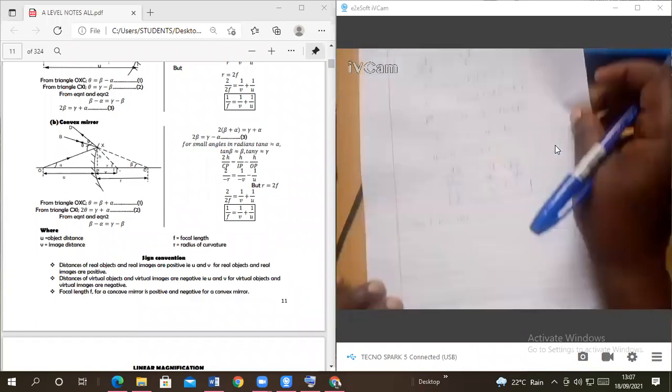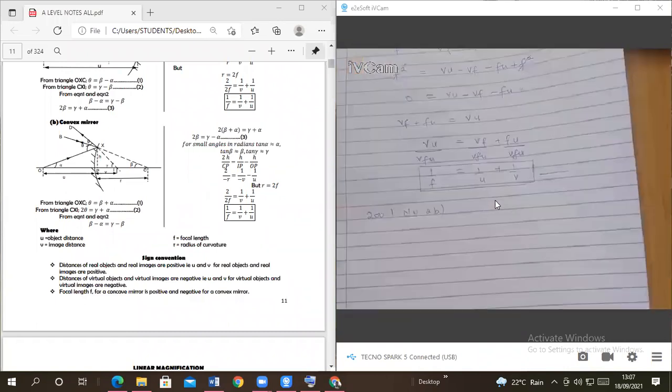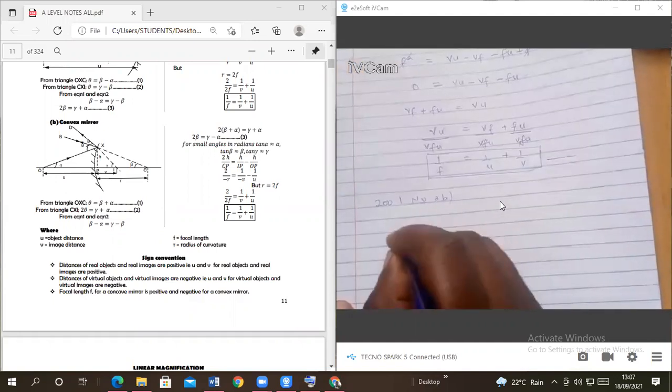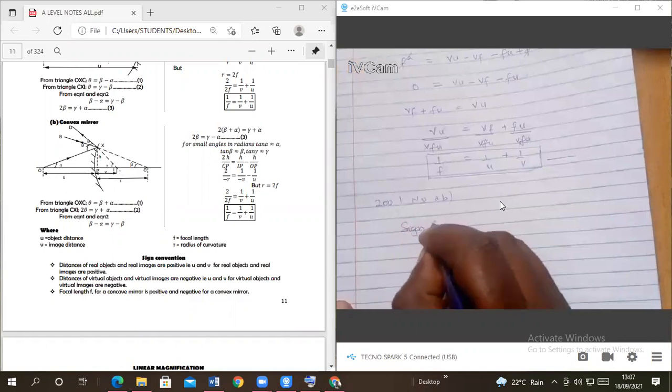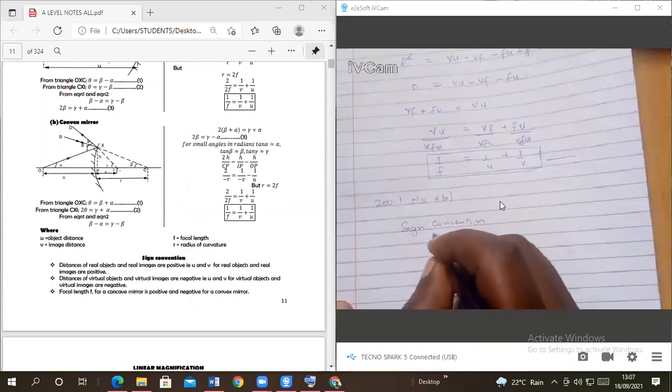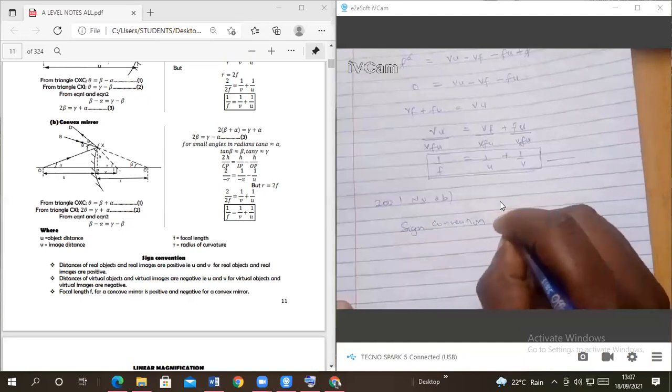Okay, now let us look at the sign convention. The sign convention as applied to spherical mirrors.